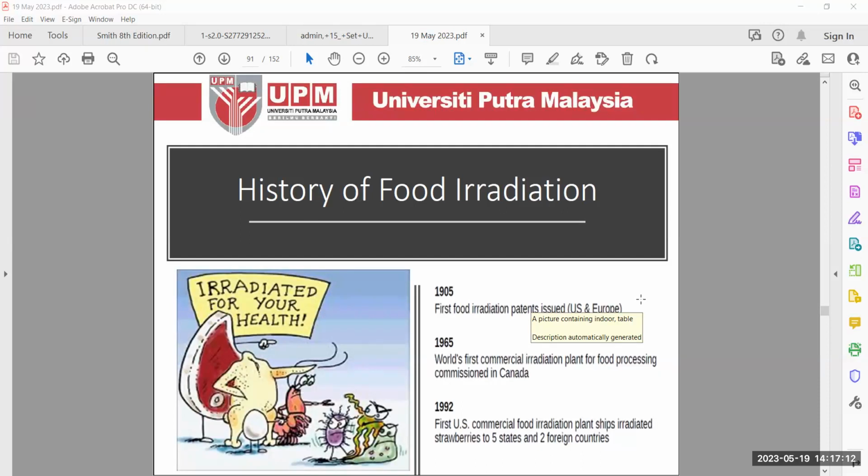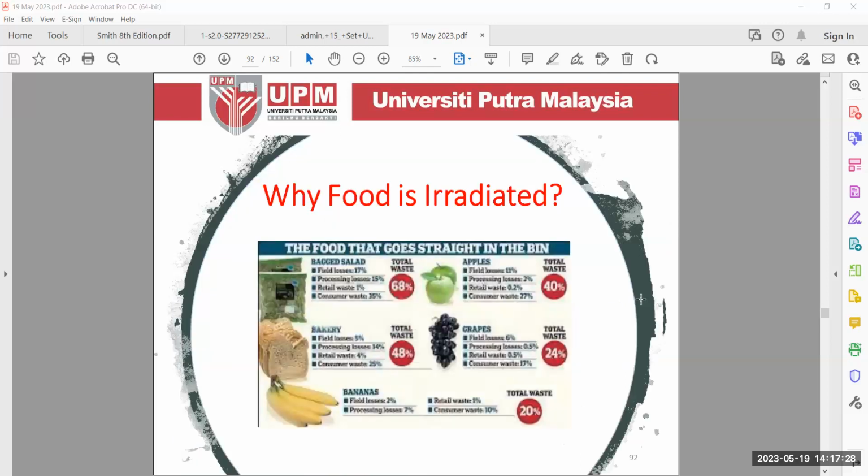In 1965, the world's first commercial irradiation plant for food processing was commissioned in Canada. And in 1992, the first US commercial food irradiation plant shipped irradiated strawberries to 5 states and 2 foreign countries. And now the irradiated food is increasing by the day because it is being exported throughout the world.